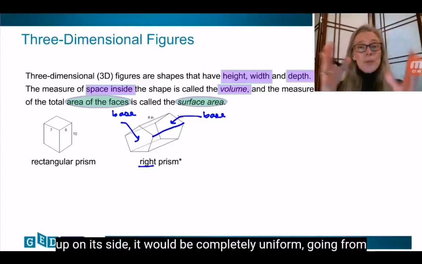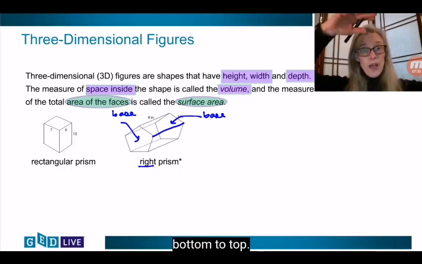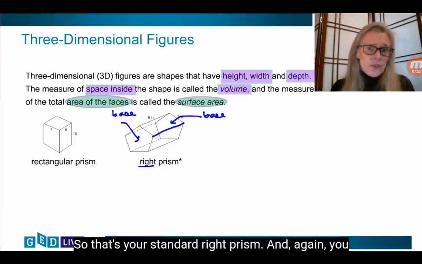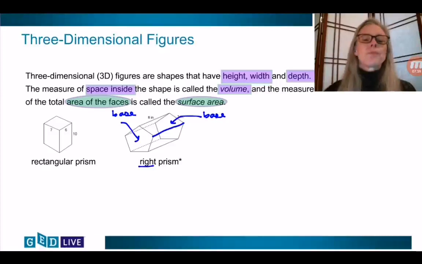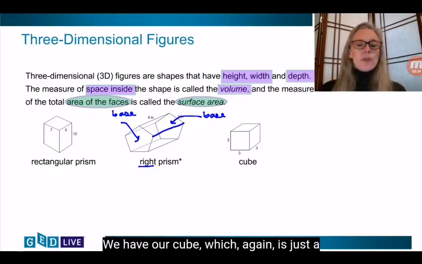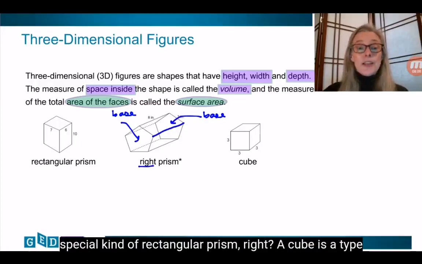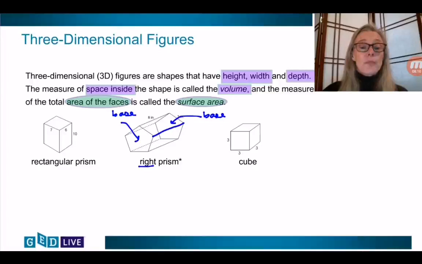So that if you stood it up on its side, it would be completely uniform, going from bottom to top. So that's your standard right prism. And again, you could have bases with different shapes here. Then we have our cube, which again is just a special kind of rectangular prism. A cube is a type of rectangular prism.